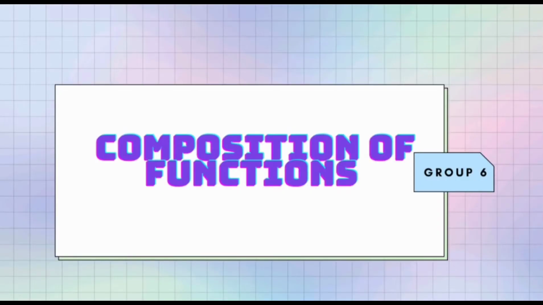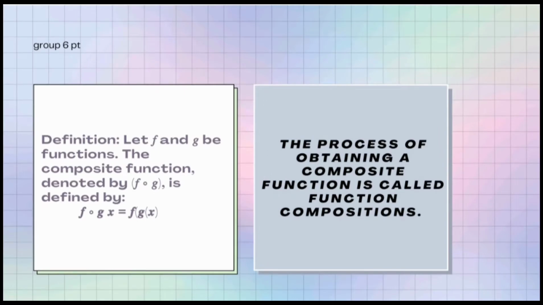Let's move on to our next topic, composition of functions. Composition of functions refers to the application of output from one function as input for another function. This means the range, y values or output of one function becomes the domain, x values or input of the other function. It is written as f composed of g of x is equal to f of g of x.